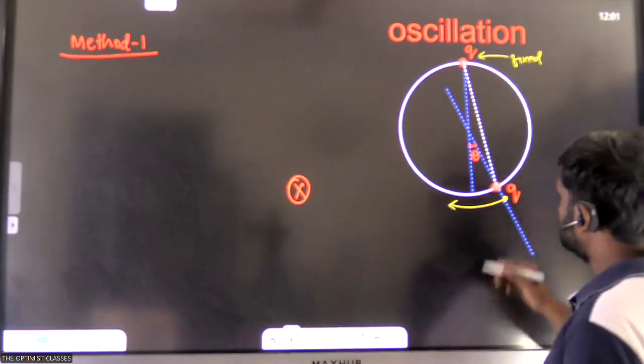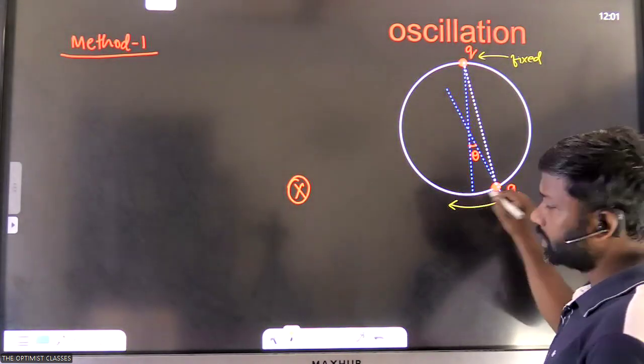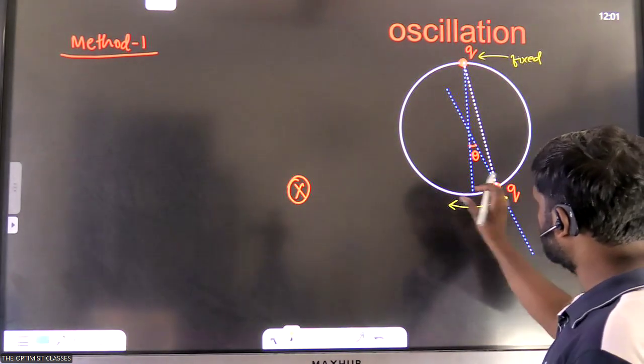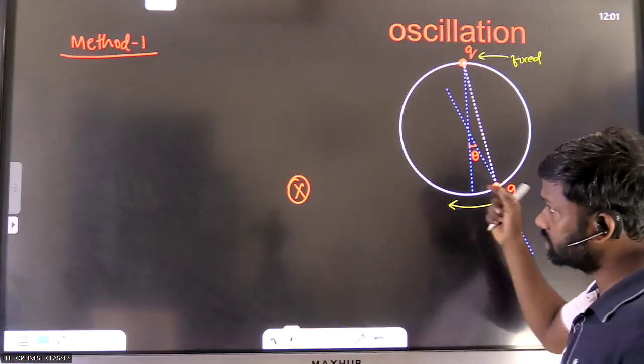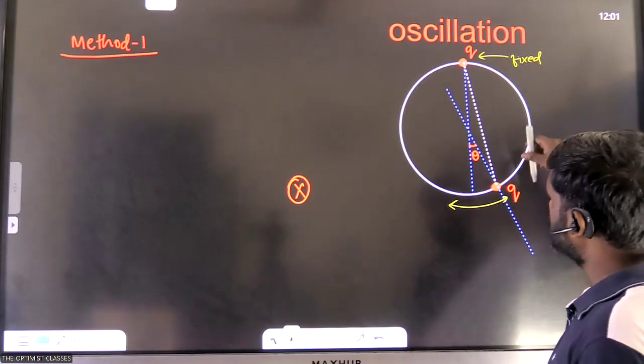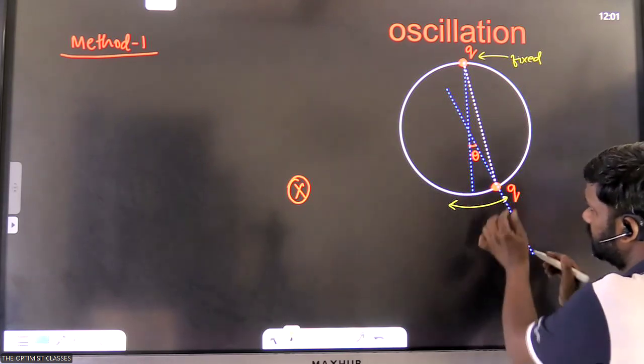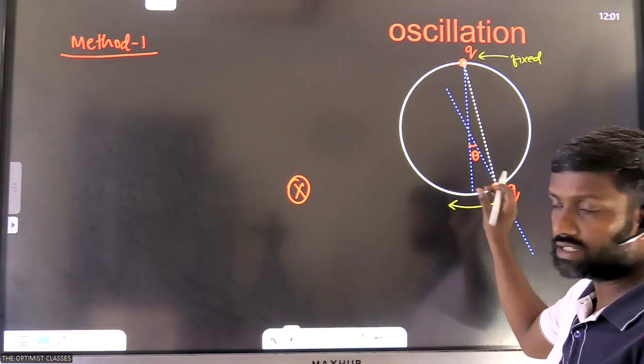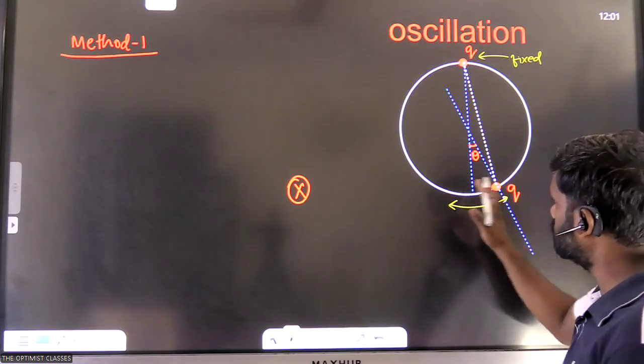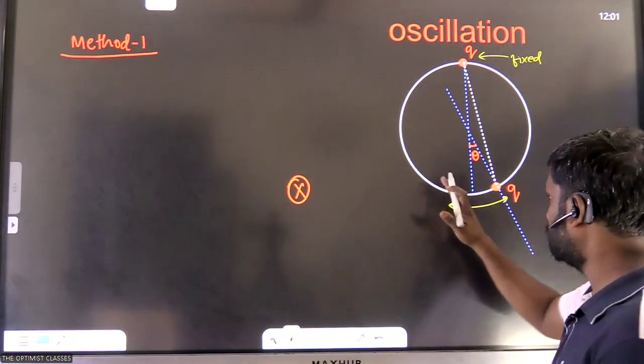We can prove that this motion will be SHM only for a small oscillation. For large oscillation it won't be SHM. If it undergoes a small oscillation, then the value of force on this bead will be nearly constant.